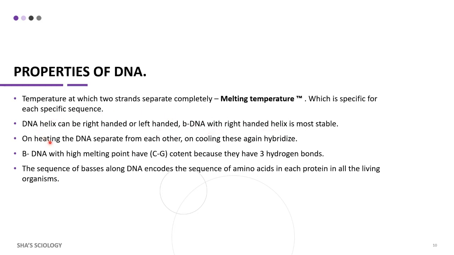So when you heat the DNA, it separates strand from strand, and when you cool it again, it gets hybridized, which means it gets attached. The B DNA with the highest melting point has more cytosine and guanine content, because cytosine and guanine have 3 hydrogen bonds in between, which is stronger. The sequence of bases along the DNA encodes the sequence of amino acids in each protein of the living organism.